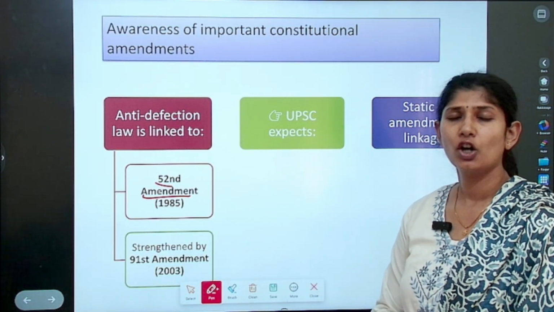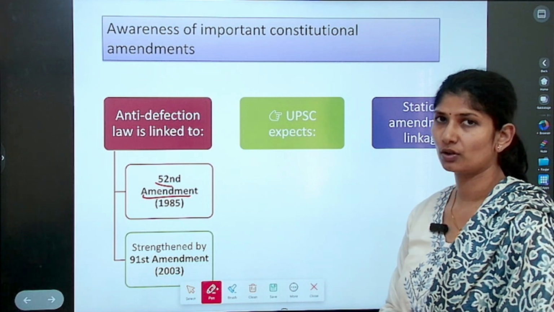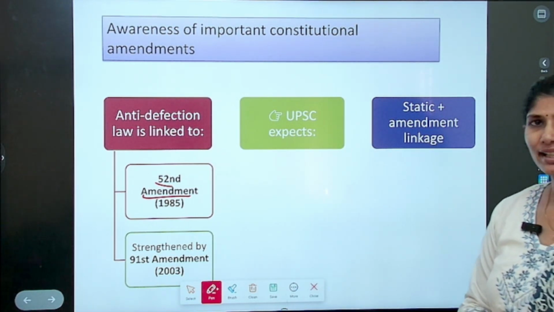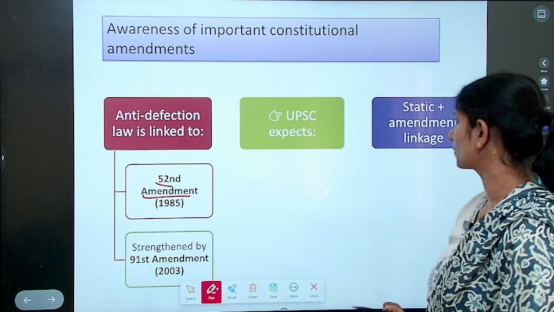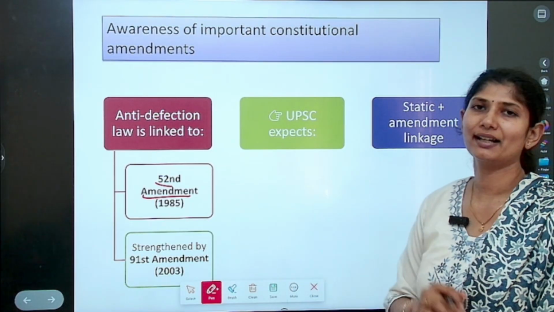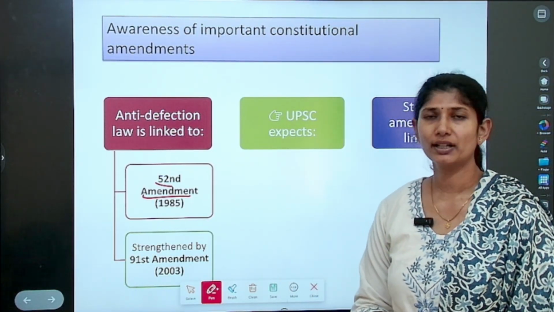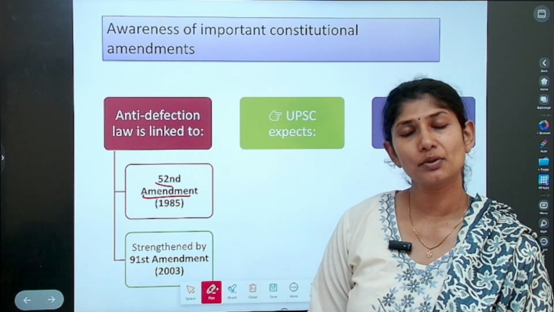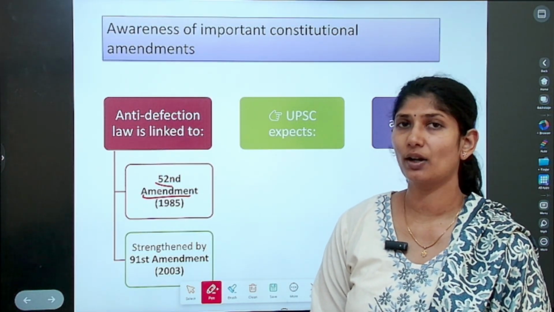That is where the concept of splits and mergers was brought. What exactly is UPSC expecting from this question? The ability for you to link static portions and amendments. When exactly was this brought? Was this always there from the beginning of the Constitution? Here is where you have to see.